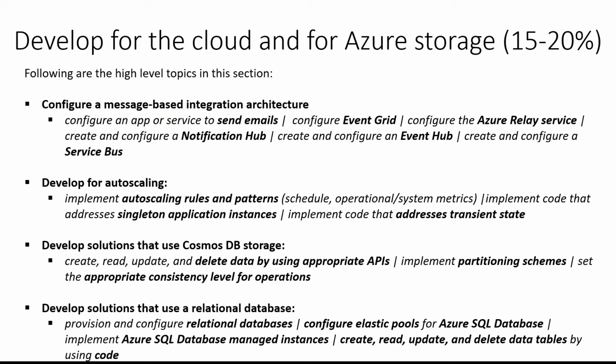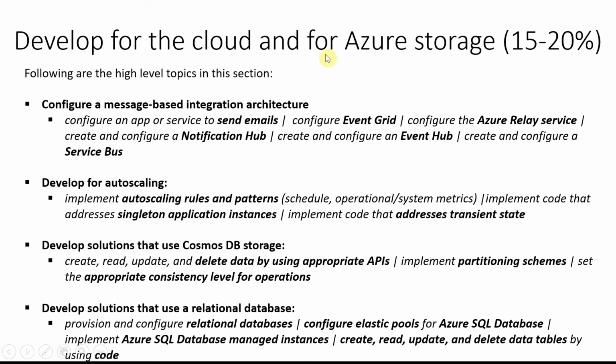messaging software. Some of them are Event Grid, Relay Service, Notification Hub, Event Hub. These are all service bus. So how to configure the messages between these and how to integrate two different applications via an asynchronous model.